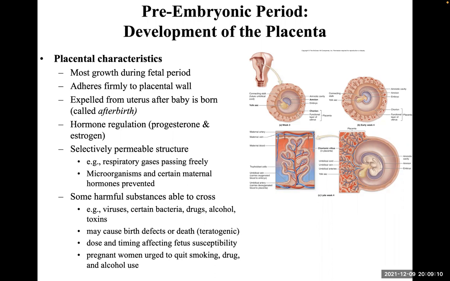So this is the rationale behind why, if a woman knows that she wants to become pregnant, the advice is to take certain vitamins, because certain vitamin deficiencies are associated with specific congenital defects. It's also why, if a woman is trying to get pregnant, she's told to avoid exposure to teratogens.